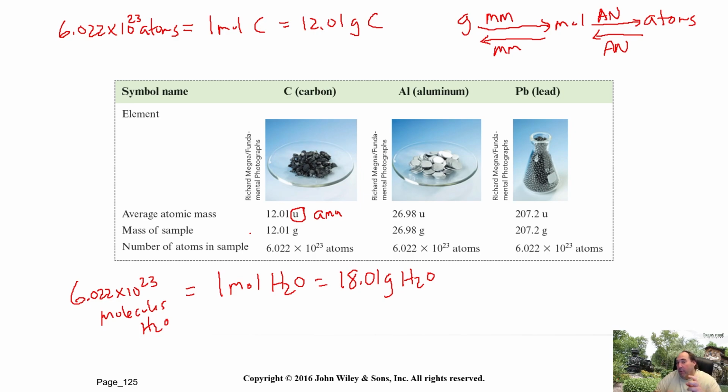So you could have a mole of sulfur, a mole of carbon, maybe a mole of sodium chloride, whatever it may be, and they may visually look like different amounts, but each still represents 1 mole, because a mole of sulfur represents a different number of grams than a mole of carbon. Or a mole of aluminum, as we see on this slide, represents 26.98 grams versus 12.01 grams of carbon for a mole. So those are very important relationships that we see.